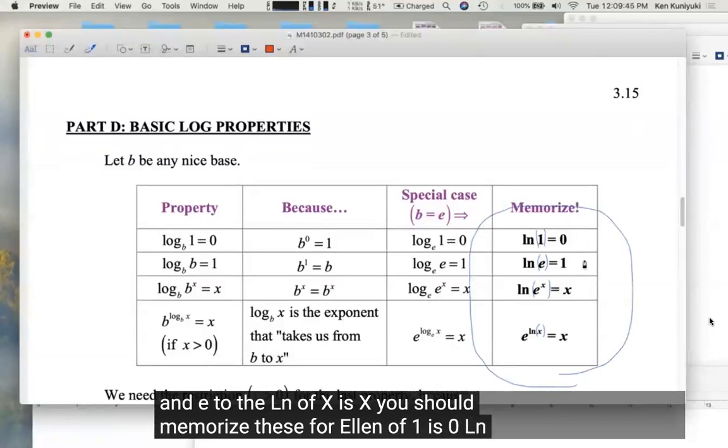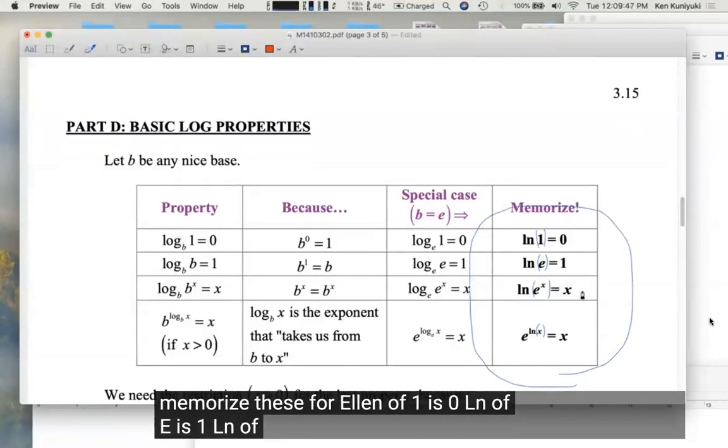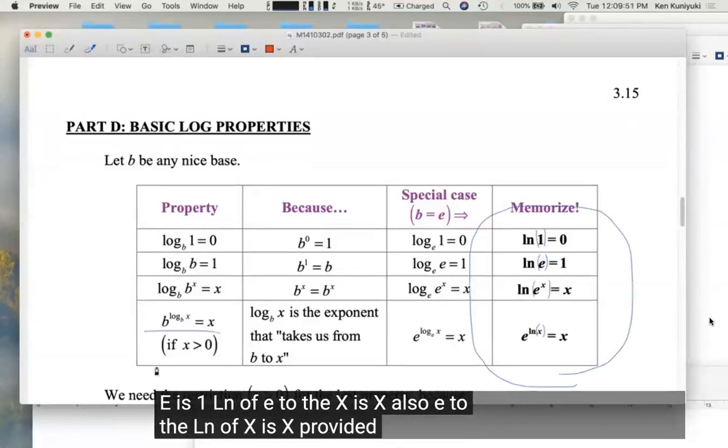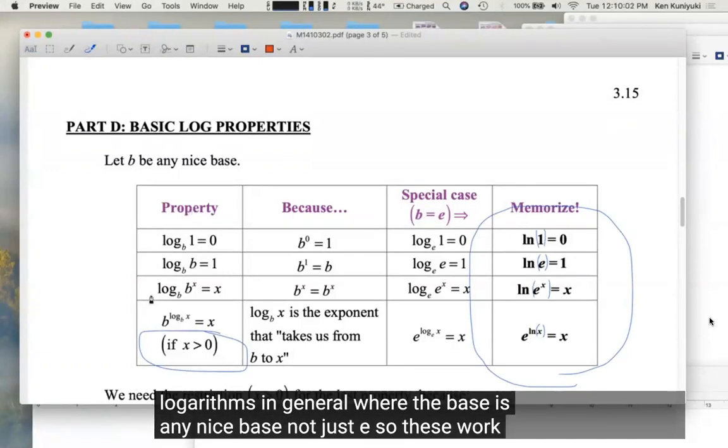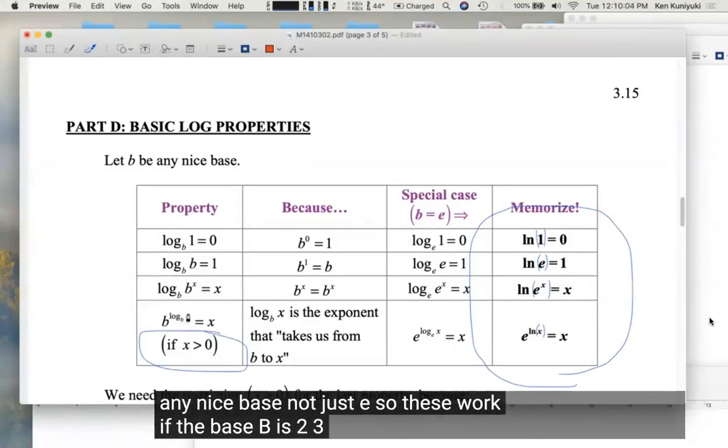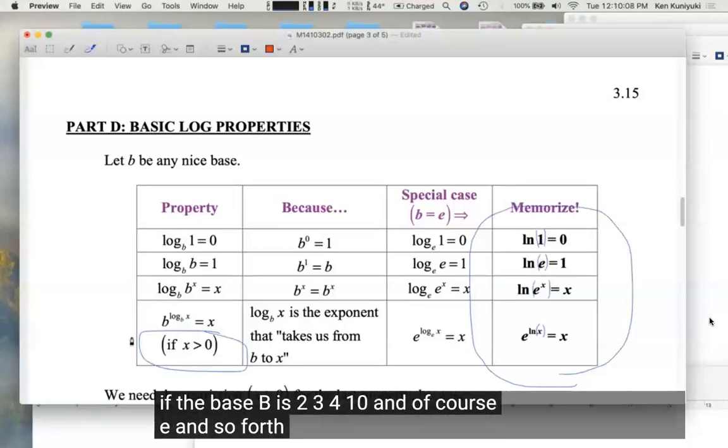Ln of 1 is 0. Ln of e is 1. Ln of e to the x is x. Also, e to the ln of x is x, provided that x is positive. And you extend these to logarithms in general, where the base is any nice base, not just e. So these work if the base b is 2, 3, 4, 10, and of course e, and so forth.